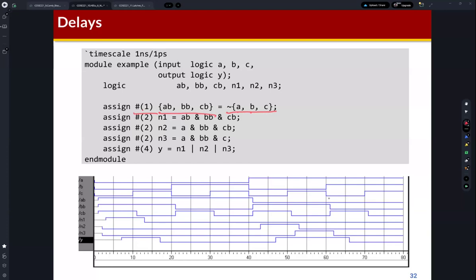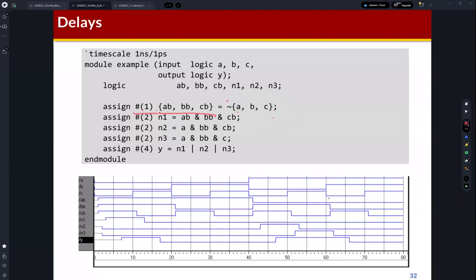So assign statements will be executed if these right-hand signals are changed. If the right-hand side signals are not changed, then the assign statement will not be executed. So A, B, C. There are three signals here.